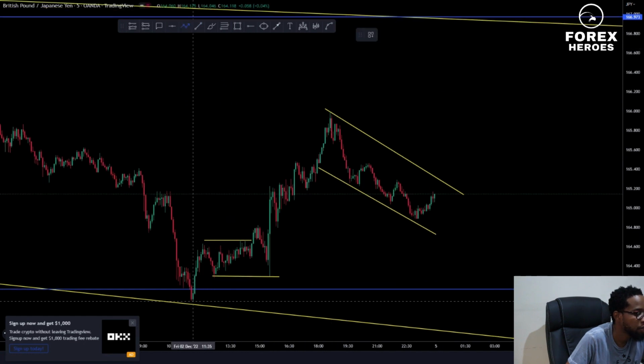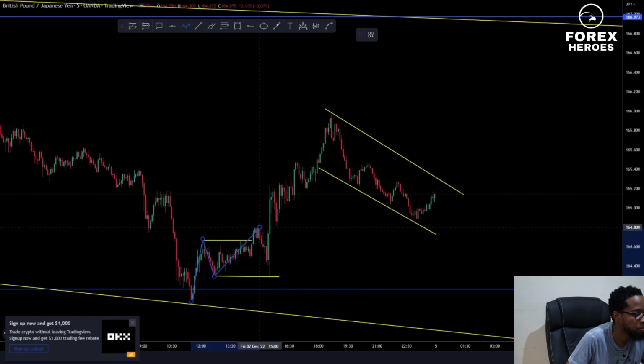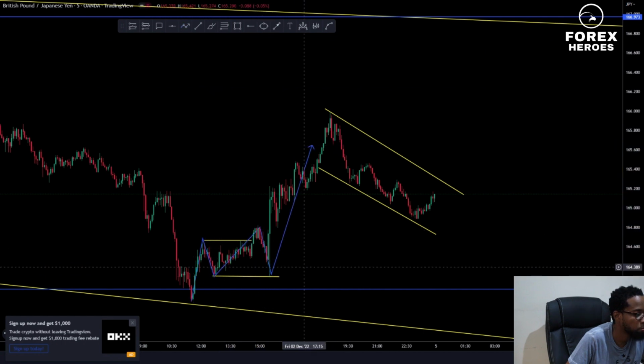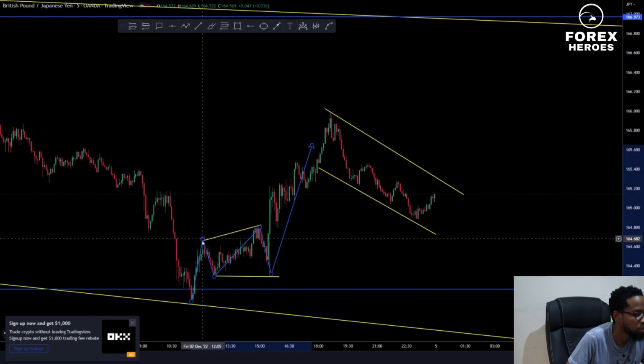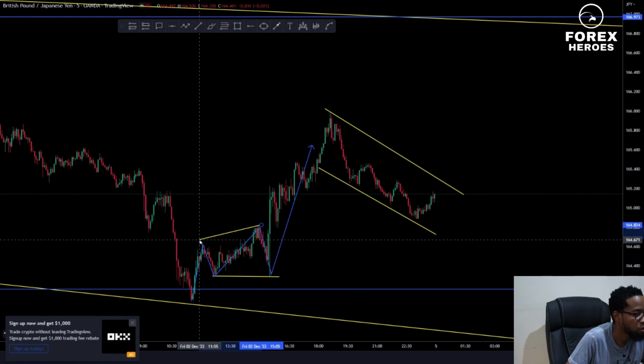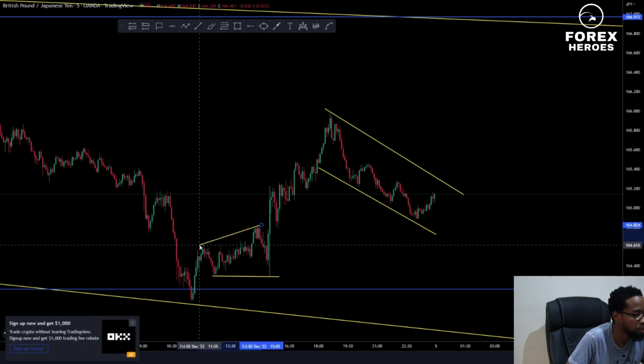What did we have here? A move, created a first low, and then we came here, created a double bottom, then we pushed. So this one can take it this way. Always make sure you refine your lines.